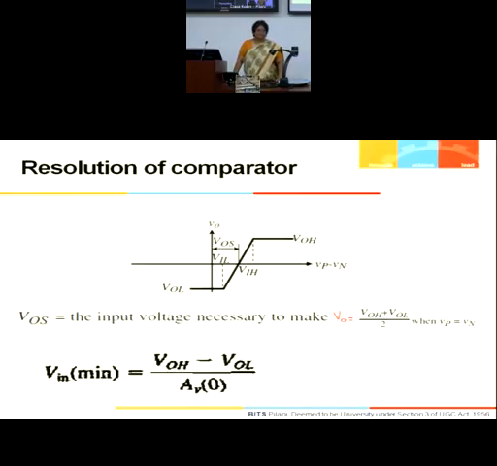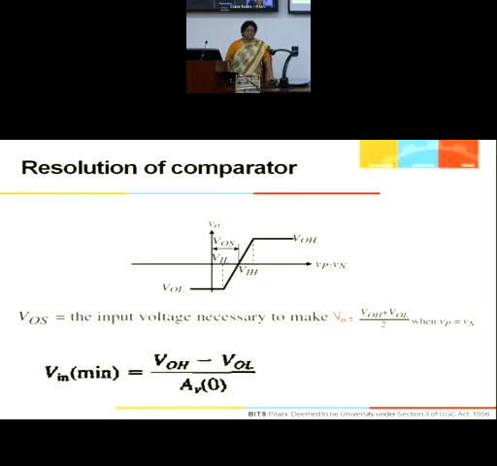Remember in the 12-bit ADC we took this difference as half LSB. But if you want to design a very accurate comparator, remember the ADC accuracy increases the moment you increase the number of levels in the full scale range. I may move from a 12-bit ADC to a 20-bit ADC. If it is a 20-bit ADC, the number of levels you will have is 2 to the power 20.